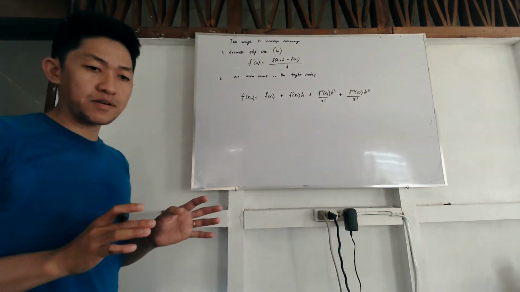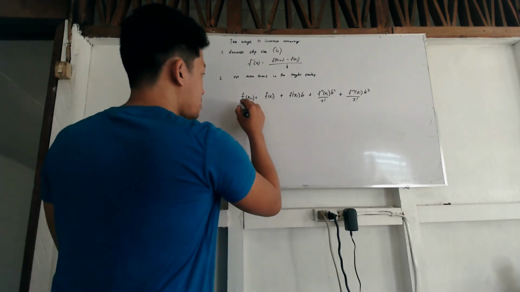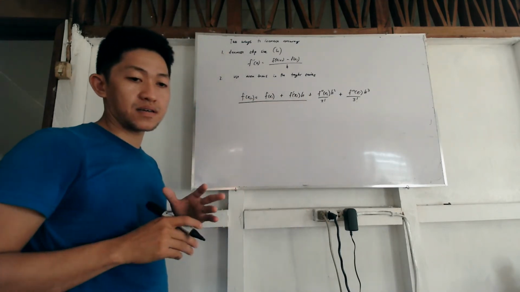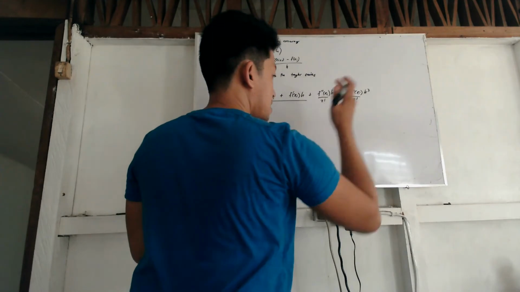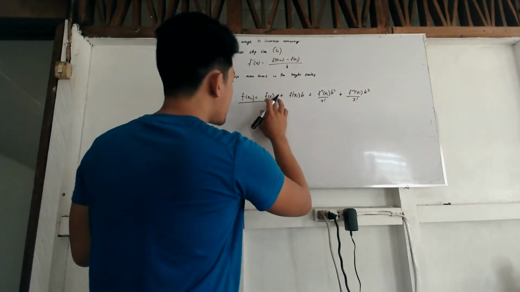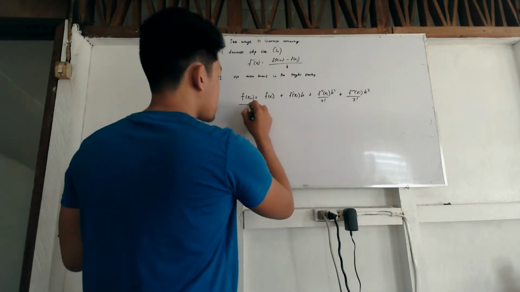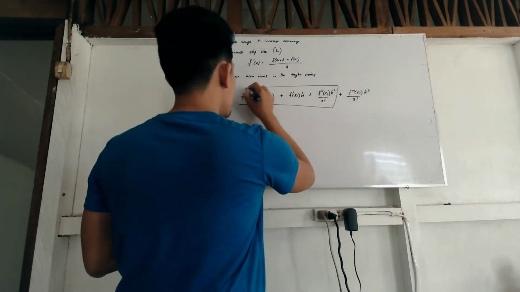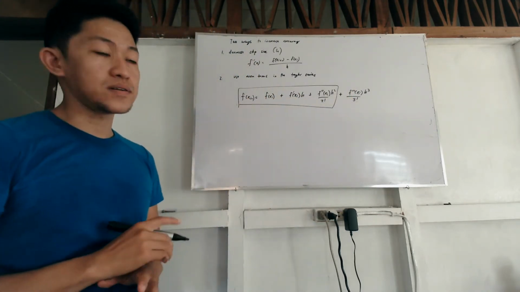From the previous discussion, we have only used up to here and truncated the rest as the error. But for now, we will use up to the second order.